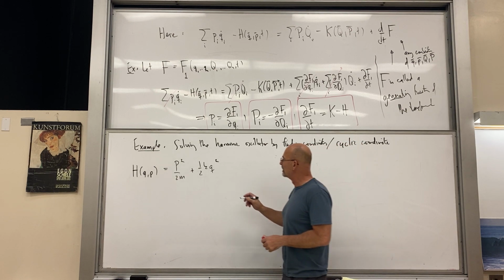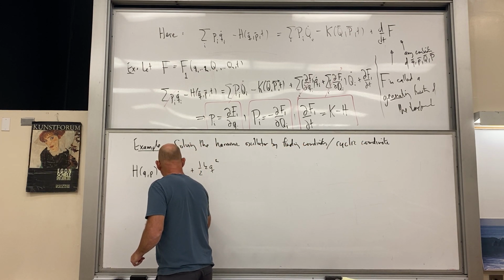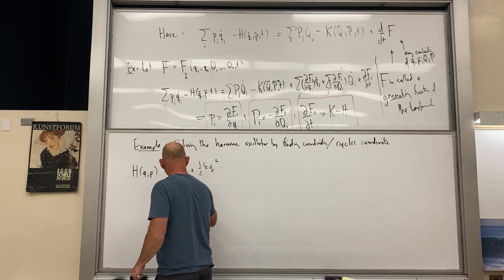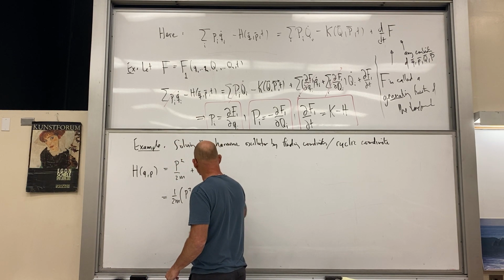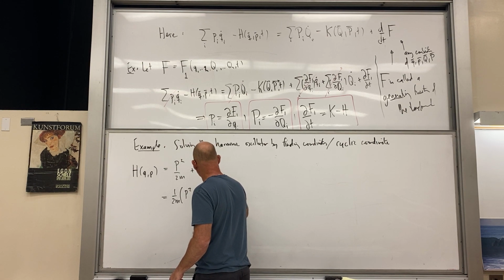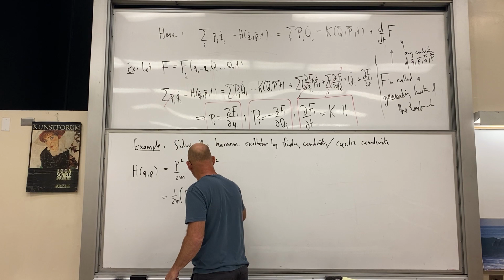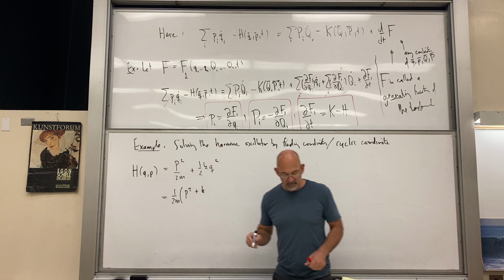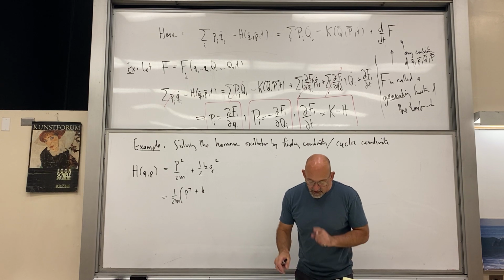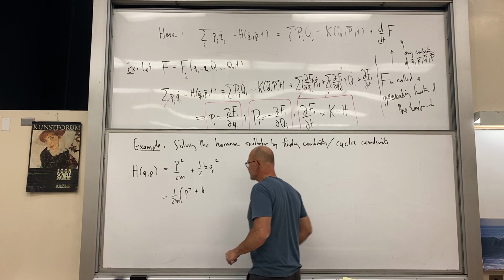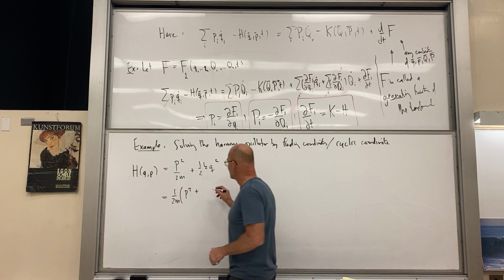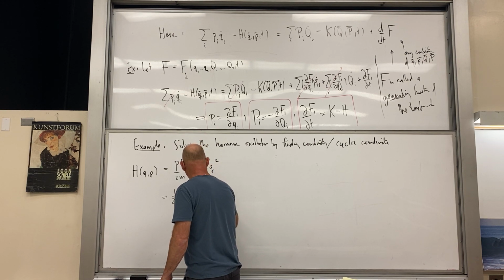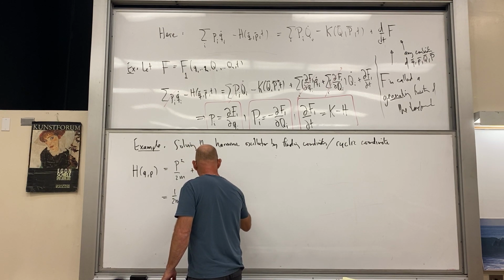Now what we can do is write 1 over 2m, factor out, and then we would have P squared plus, actually K over m is omega squared, that's it, m squared omega squared Q squared.